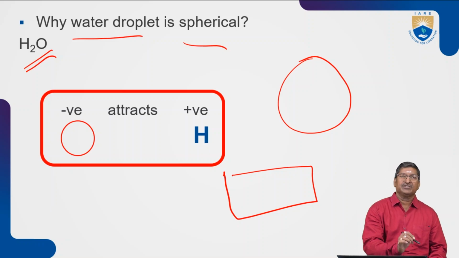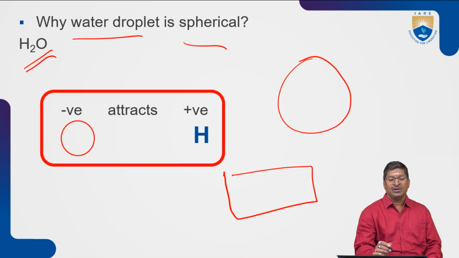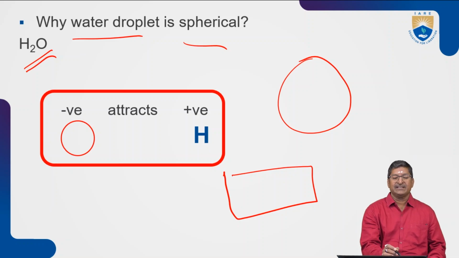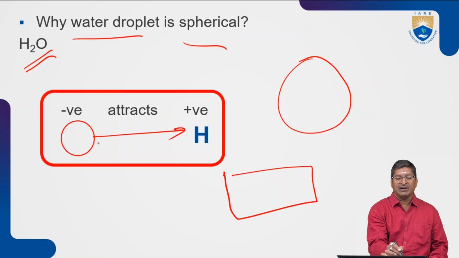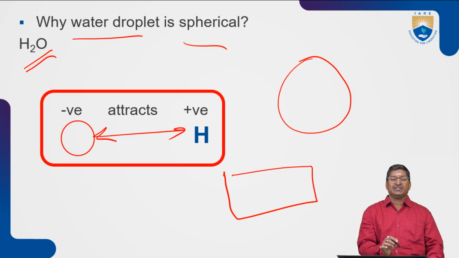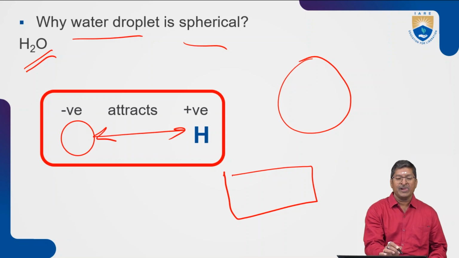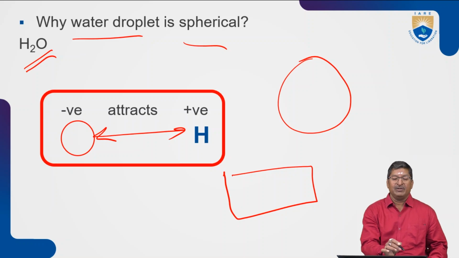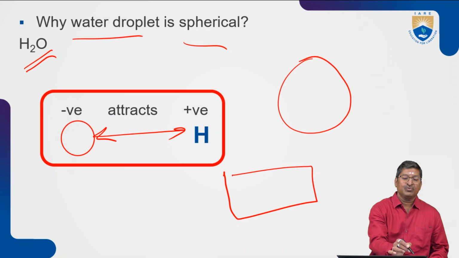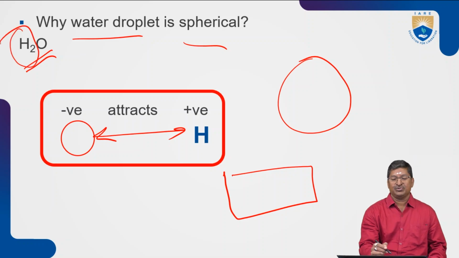Here, the oxygen is negative and the hydrogen is positive, so they attract each other. This is molecular attraction, or attraction between the elements. One oxygen element will attract two hydrogens. That's why it is H2O.